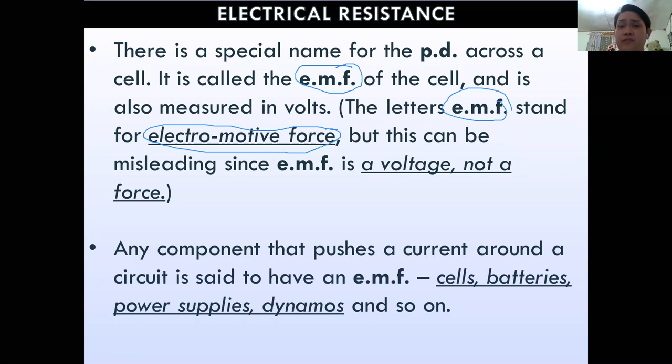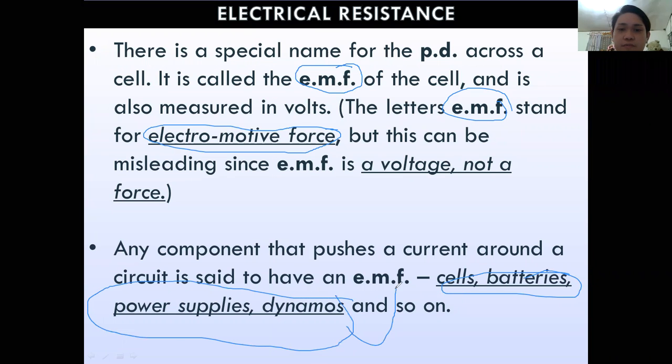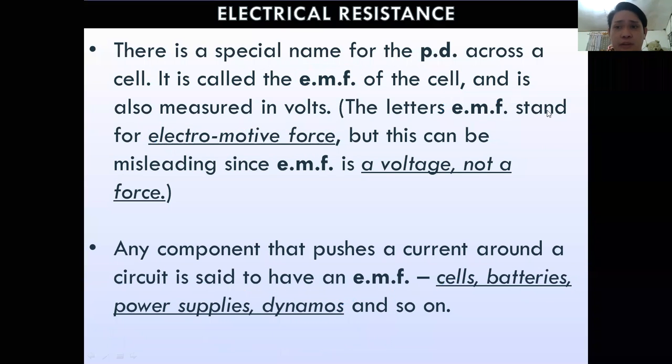So EMF refers to cells, batteries, power supplies, dynamos, and so on. I hope you will be able to recognize the terminologies, because there are a lot of terms in here that I want you to be familiar with.